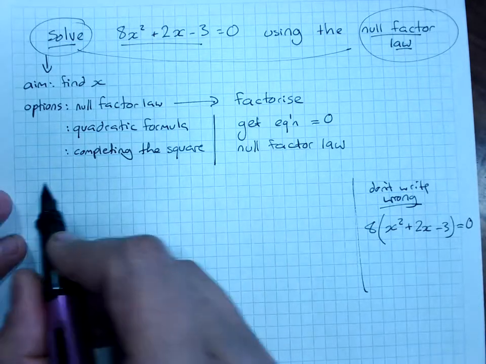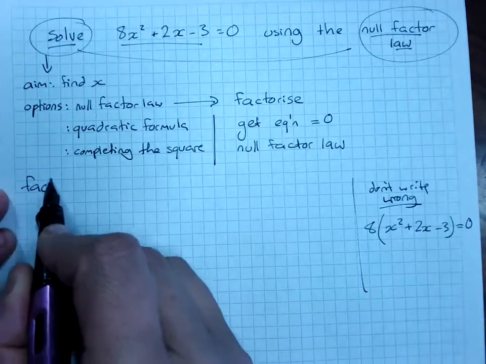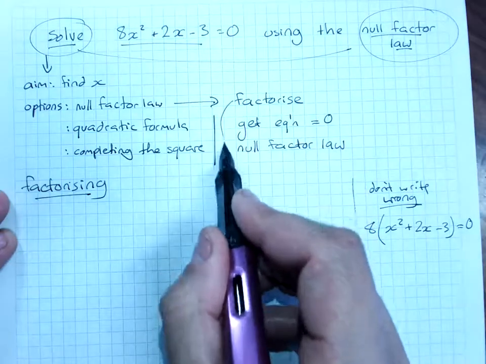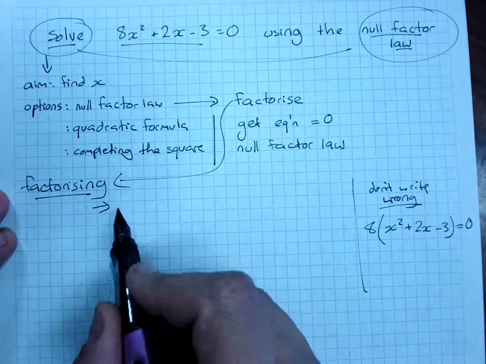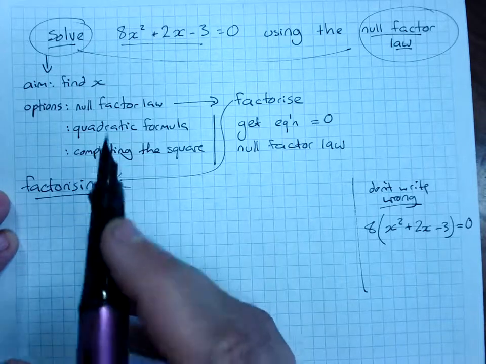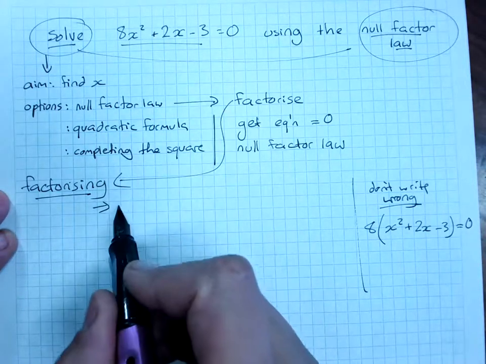When you factorize, so this is now just the steps for factorizing. You do look for and remove any common factor to all terms.